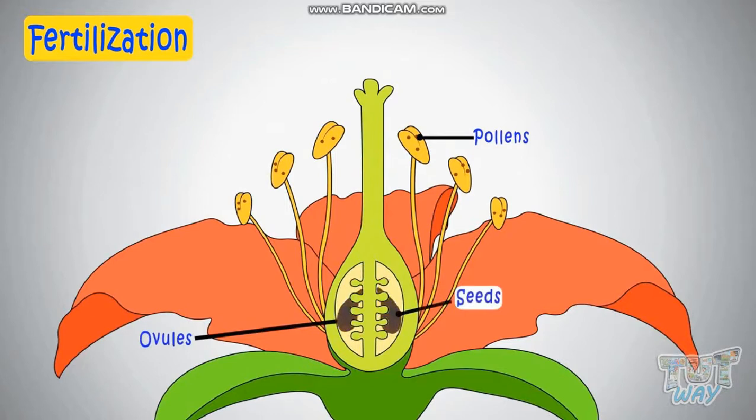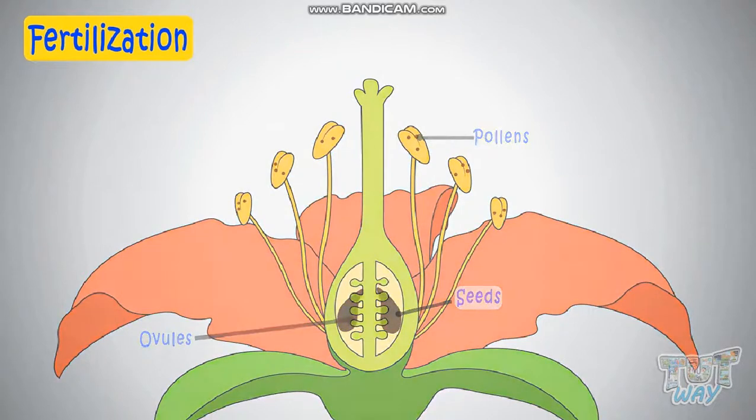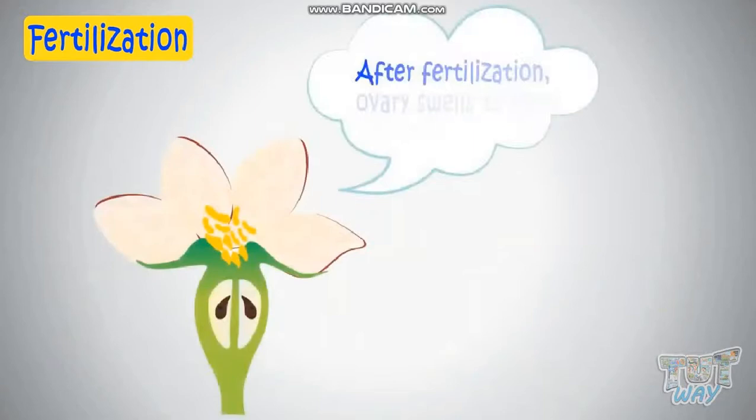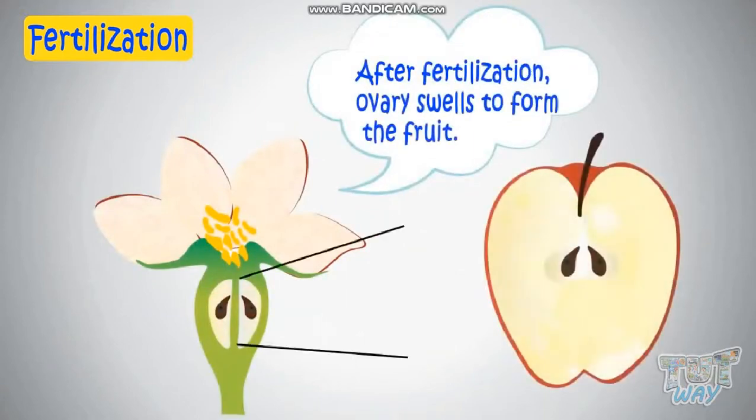Like this you can see ovule and then seed, and then slowly this seed we find in the fruit. Where do we see this seed? In the fruit. After fertilization, the ovary swells into fruit. So this is how fertilization takes place, and this process of pollen grains fusing with the ovules is known as fertilization.